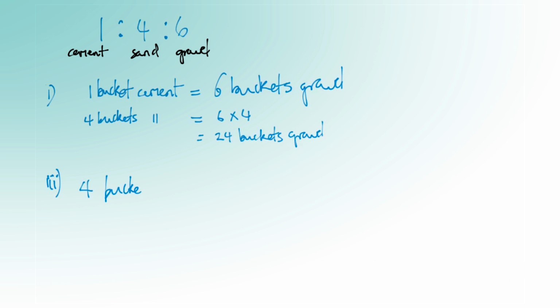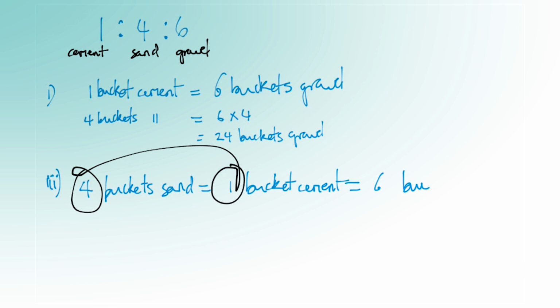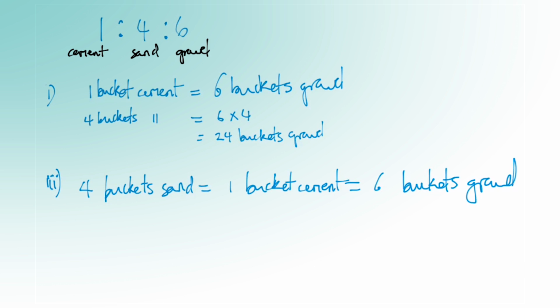So the first part was easy. Now they're asking about 20 buckets of sand. So 4 buckets of sand needs 1 bucket of cement and 6 buckets of gravel. I just put it in one big long line.